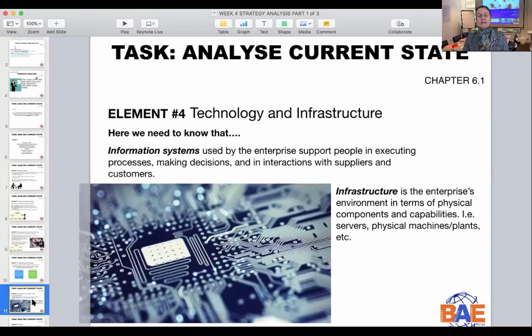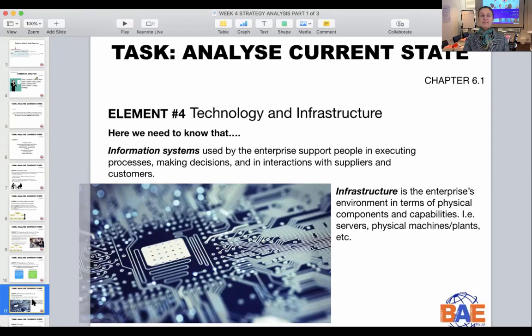All right, so then element 4, this is where you need to understand basically what are the technologies that we're looking at and what infrastructure exists within the current state. So information systems that are used by the enterprise, that support people in executing processes, making decisions and interactions with suppliers and customers.